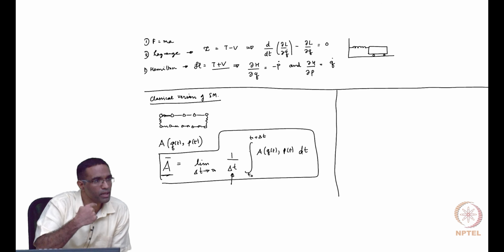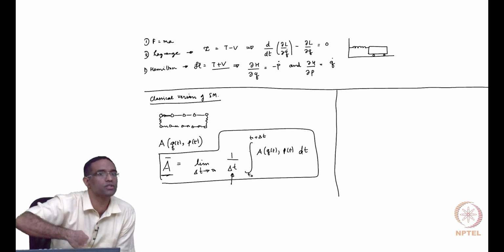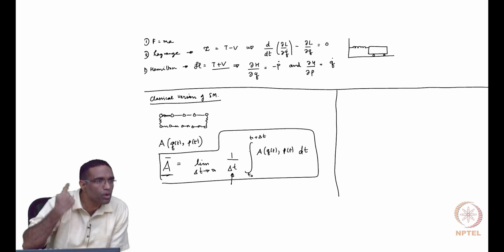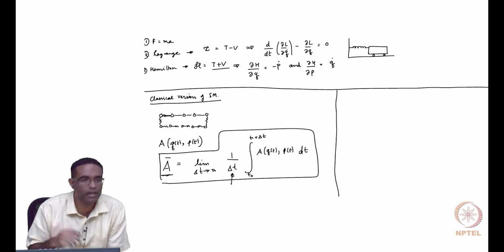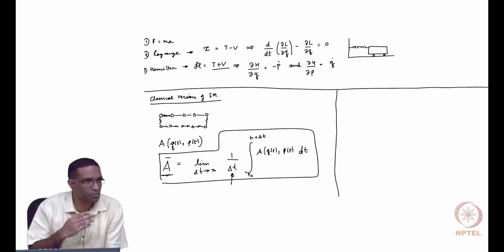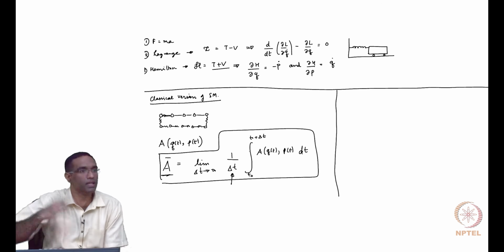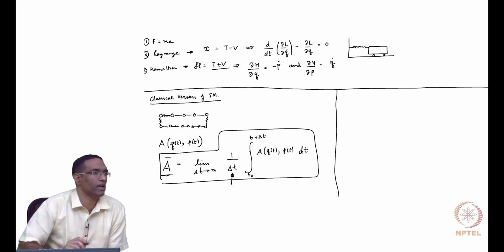And then I have to be able to evolve this P and Q by solving the equations of motion. I need to know how P and Q change continuously as a function of time, so that I can then plug it into this expression and find the expression for A as a function of time, and then integrate it over time and obtain this average equilibrium value.